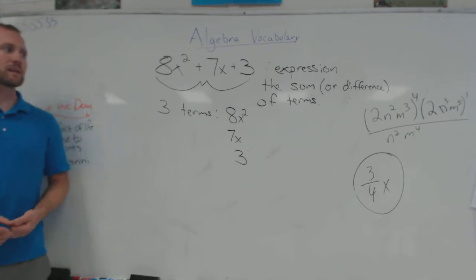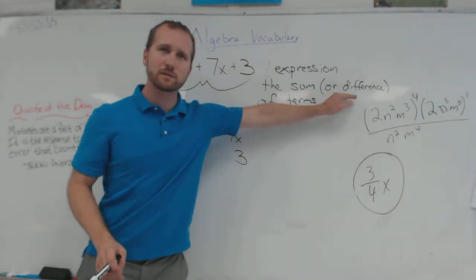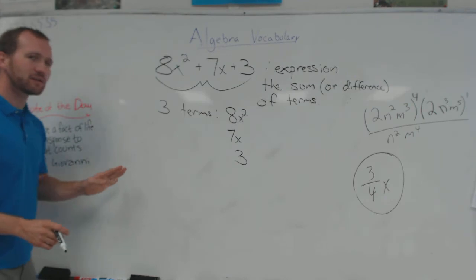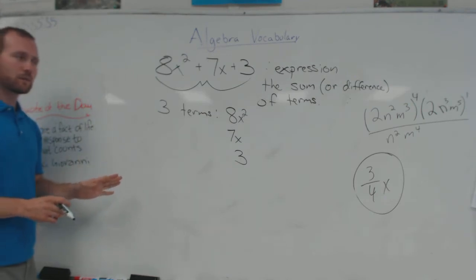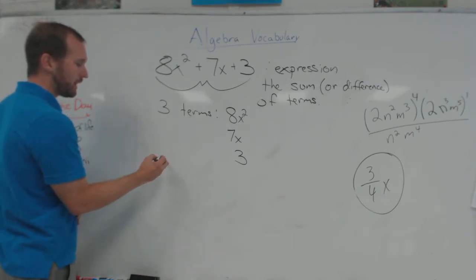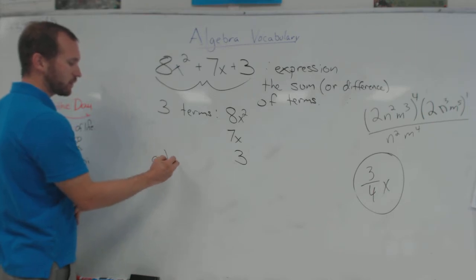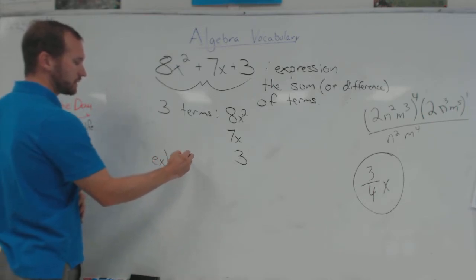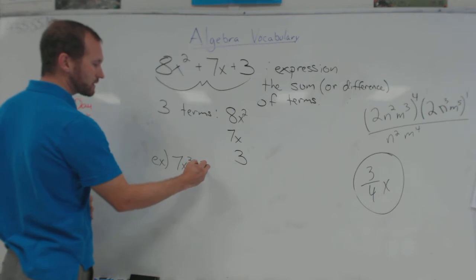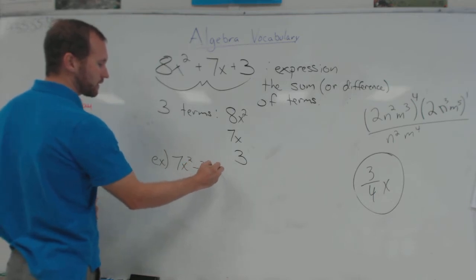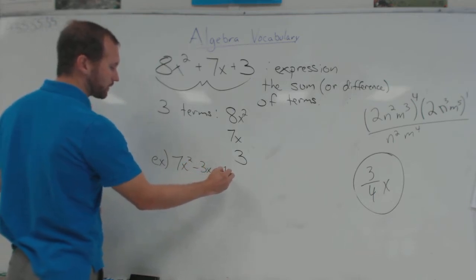Now, what's important, and the reason I put this in parentheses, is when we have a difference, we have to kind of remember something. So here's another example, 7x squared minus 3x minus 1.